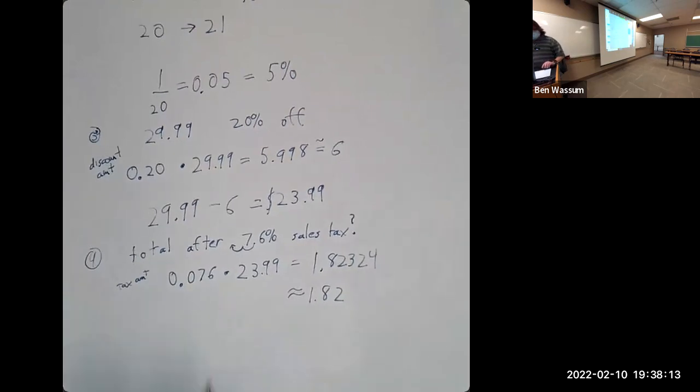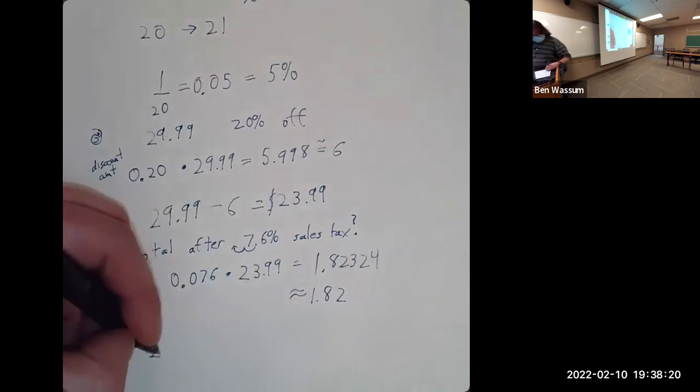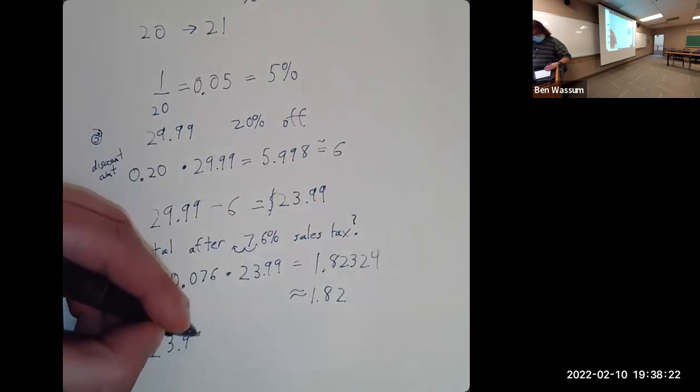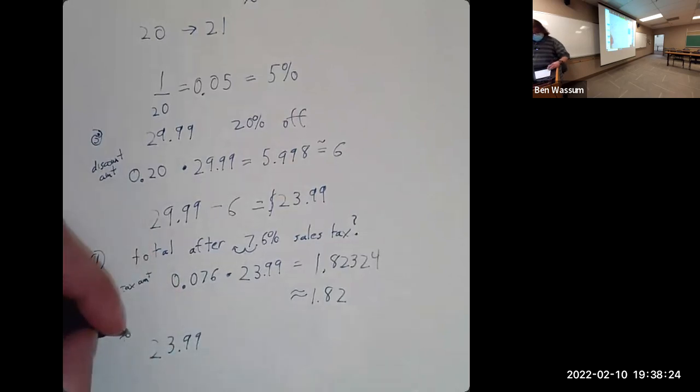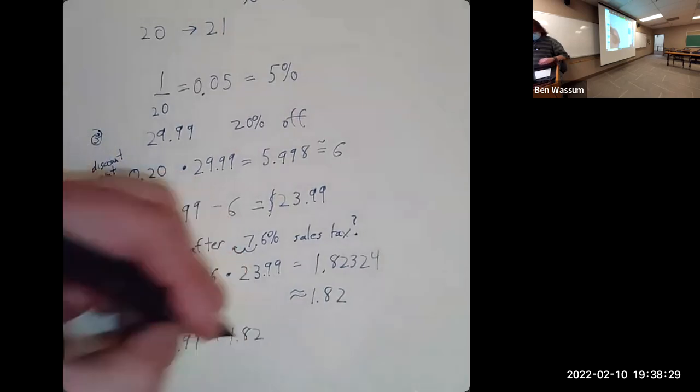Okay, so we're going to take this, we're going to add it to our subtotal. So we get $23.99. This is going to be our actual total. Add the $1.82.